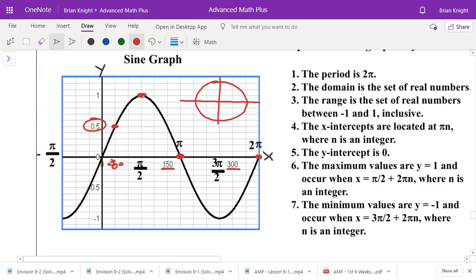The sine of 270, remember in quadrant, what? Where is sine negative? What two quadrants? All-star trig class. What two quadrants is sine negative? Third and fourth quadrant. So notice, here's the sine graph, and between 180 and 360, what is sine? It's negative.